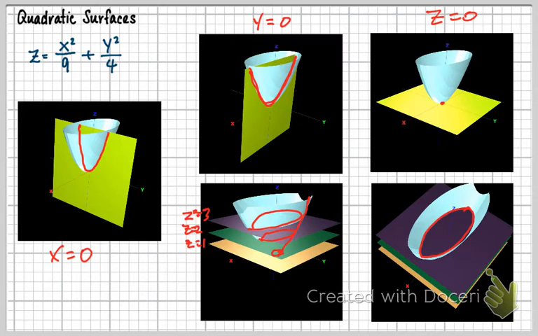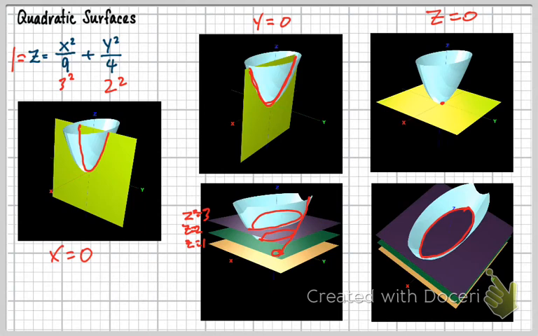Now what's really cool about that is if I pick z equals 1, for instance. So let's say I said z equals 1. If you know anything about ellipses, what you'll notice is this 9 is really 3 squared, and 4 is really 2 squared. And what that means is when it equals 1, that 3 there would be the distance that I am on the x.